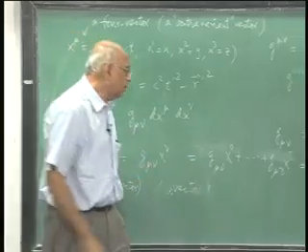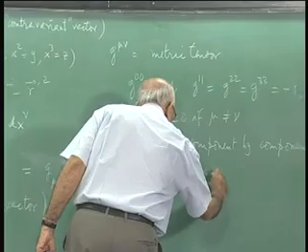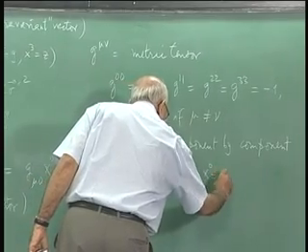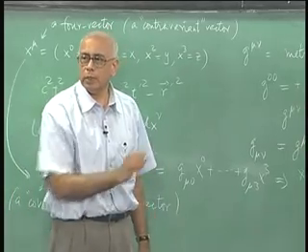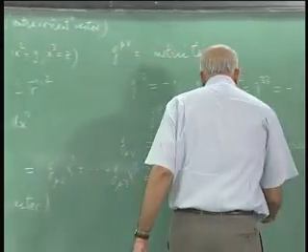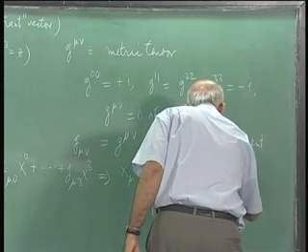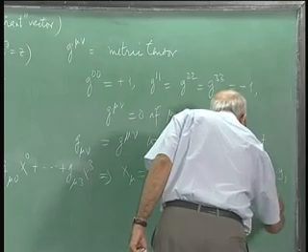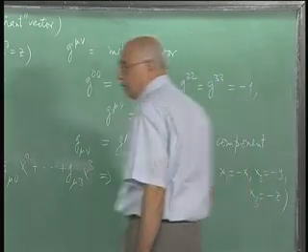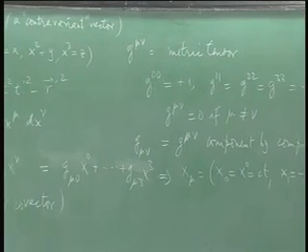So this immediately implies that x mu has components x0, equal to ct, because G00 is plus 1, and it has x1 equal to minus x, x2 equal to minus y, x3 equal to minus z. So the space components of a covector are the negatives of the space components of the corresponding vector.